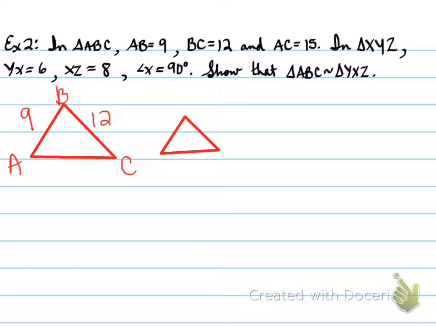So we have ABC and YXZ, and we're to now show that they are similar. Well, let's see what we can do. First of all, you'll notice that in ABC we have three measurements, but in YXZ we have two measurements and an angle in between.